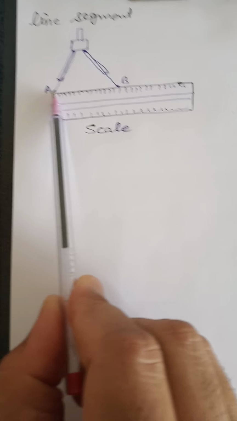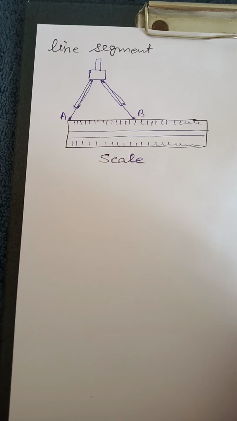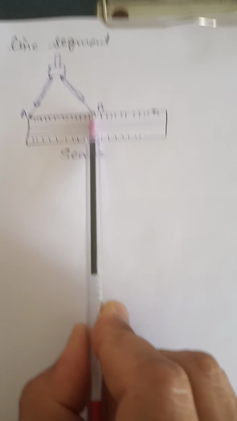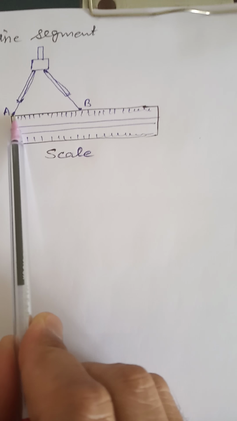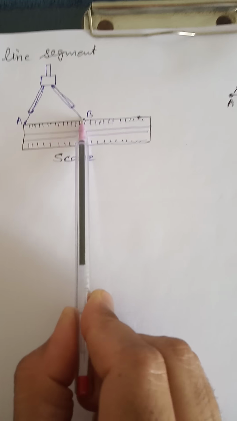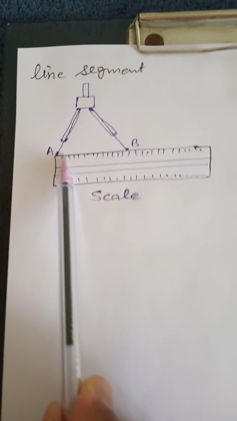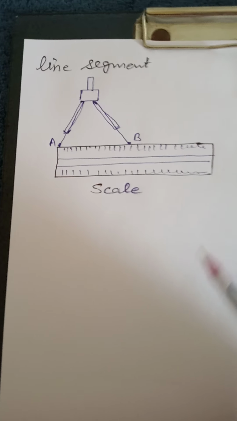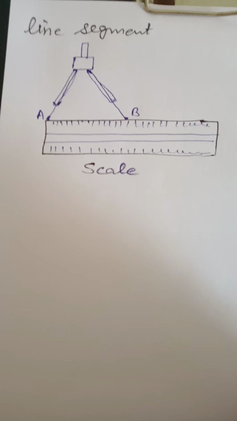The divider is opened equal to the length of the line segment. B is the other end of the line segment. So we can take the length of the line segment AB from the reading of the scale. In this way, we can compare the lengths of two line segments.